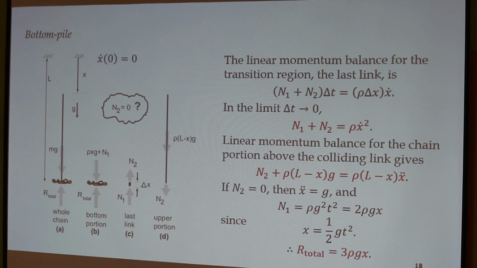So going through this analysis, if N2 is 0, we actually get the so-called classic result that most textbooks will present. However, in general, N2 need not be 0, and you could design a chain such that N2 is positive, which you have seen just now.